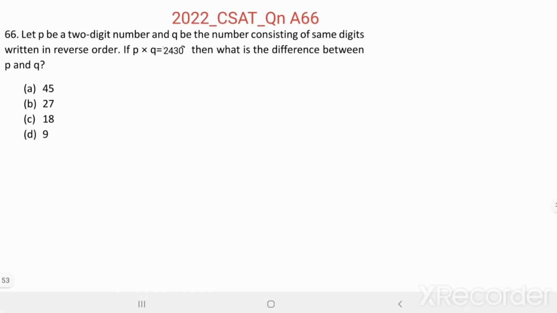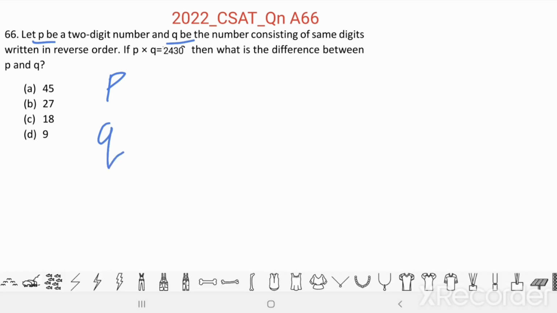Question number 66. Let P be a 2-digit number and Q be the number consisting of the same digits written in reverse order. If P into Q equals 2430, then what is the difference between P and Q? P and Q are two 2-digit numbers where one number is formed by reversing the digits of the other number.